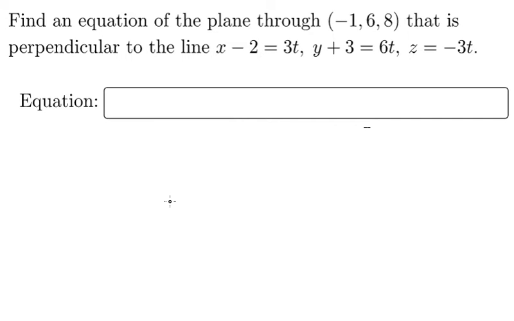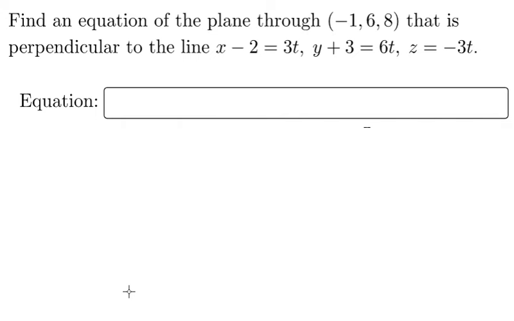So today I want to talk about the equation of the plane. So now I want to show you how to answer. We know that the plane is perpendicular to the line in here.